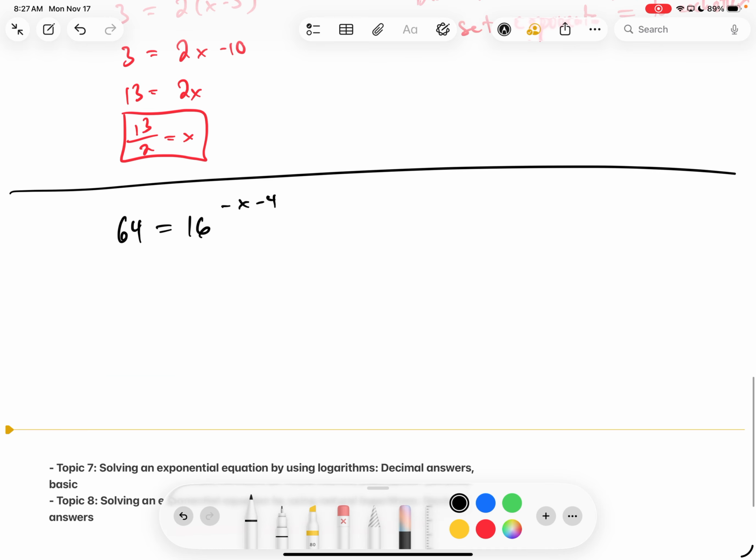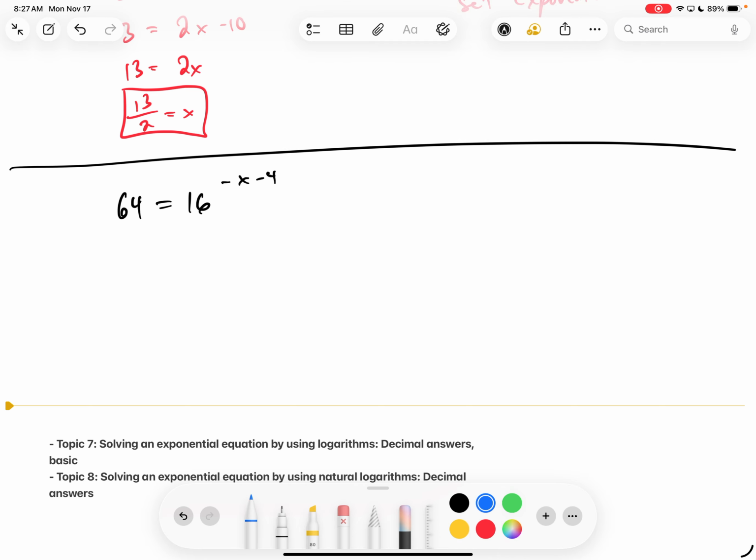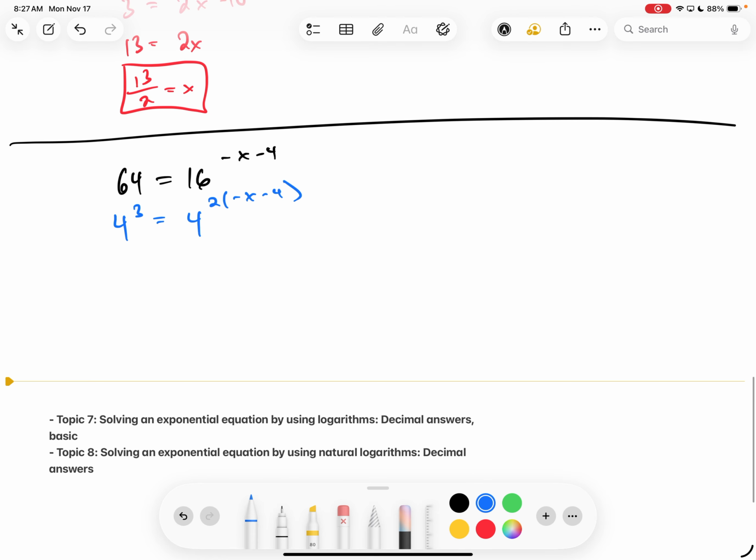On this topic, I believe all of them you'll be able to change to be the same. So what we're going to do here is 4 cubed is 64, and 4 squared is, I'm sorry, positive 16. 4 cubed is 64, 4 squared is 16. So now my bases are the same, and I'm going to go ahead and distribute this just to save a step. It'll be negative 2x plus 8.